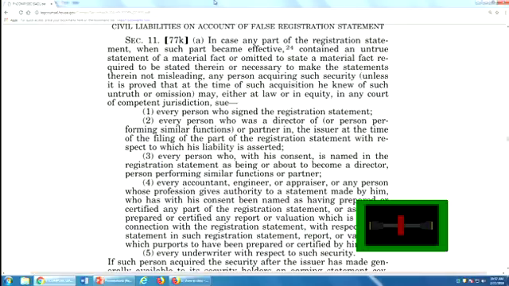So one way to rationalize the Section 11 regime is to say, look, there's a strict liability with no due diligence defense for issuers because we want to induce them to ferret out the facts, to use their private information in a way that benefits investors. We don't want to let them get by not telling the truth.